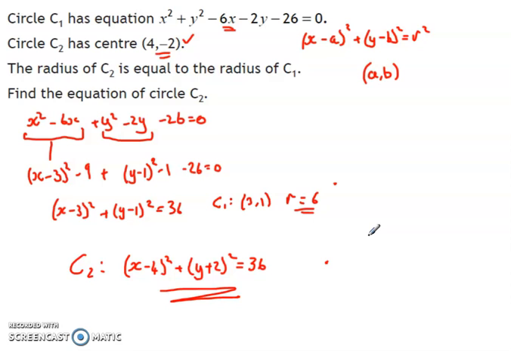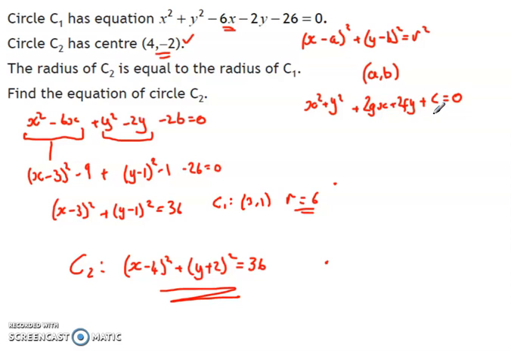Quick point to highlight though is that there was another way to get the radius and the equation of the circle, and that would be to look at the format written here. Now if I was to look at this format of the circle, I could represent it as x squared plus y squared plus 2gx plus 2fy plus c equal to 0, because it's written in that format already. Now the g's, the f's and the c's could then come into play to find the centre of my circle and the radius.